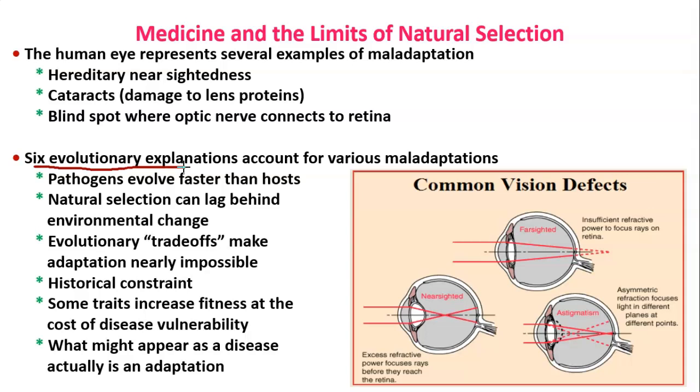There's also evolutionary trade-offs that make adaptation nearly impossible. Whereas our upright posture as humans carries advantages, the original adaptive reason for bipedal upright posture is still debated, but of course we're able to have better access to our opposable thumbs and grasping hands for things like tool making.